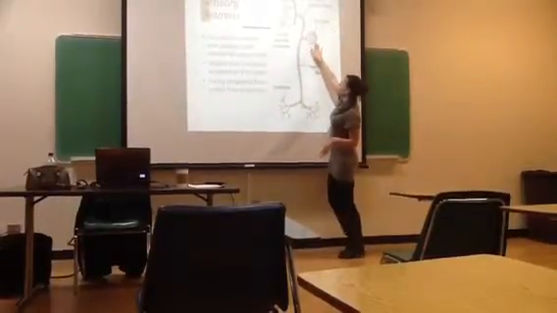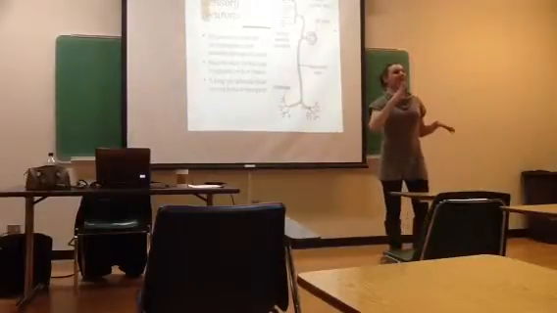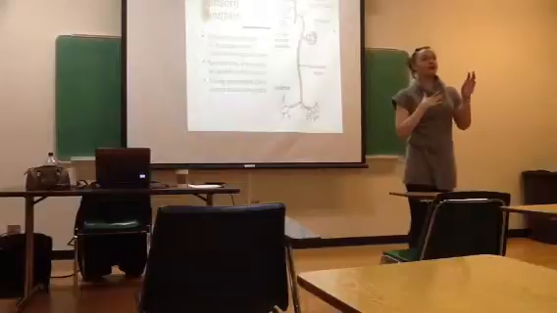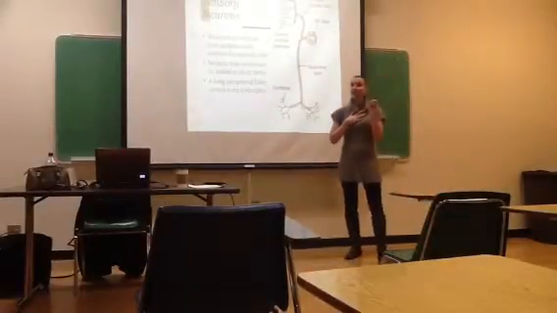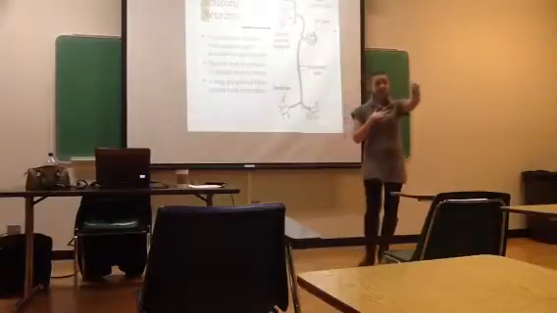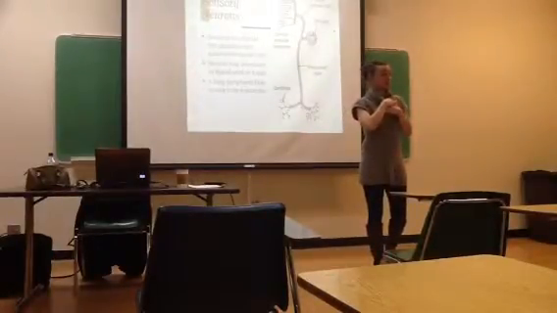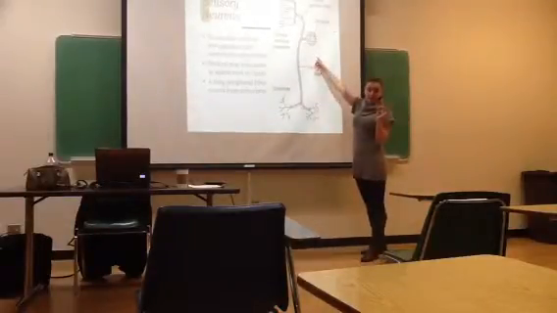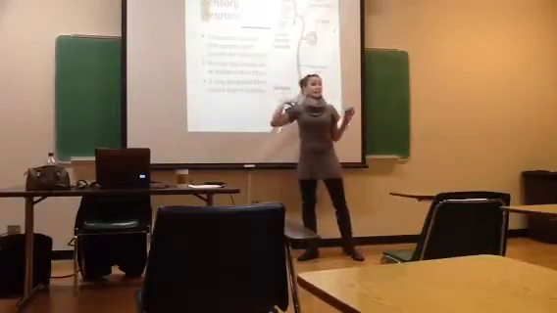We have a cell body. Where was the cell body of the motor neuron situated? Where was that guy? In the anterior horn. So actually inside of our central nervous system, inside the spinal cord. These guys are not. They're outside of it. They're situated in something called a dorsal root ganglion.